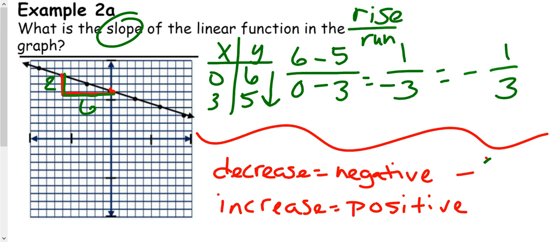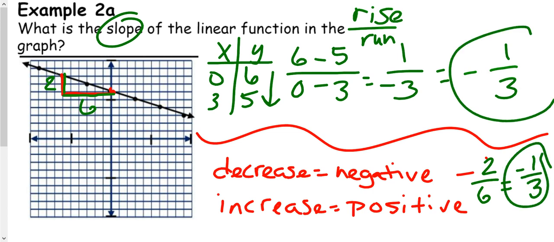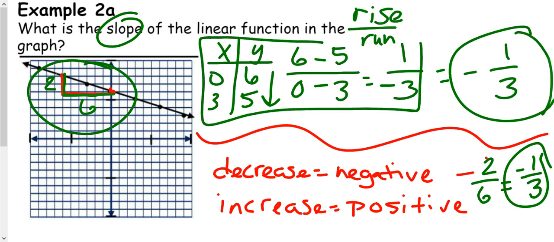The 2, which means that what is the run? 6. And then we reduce that and we get a negative 1 over 3, which was the same thing, but I didn't have to do any math. So you can choose. You can either count the slope on the graph, or you can find the slope using the algebra.